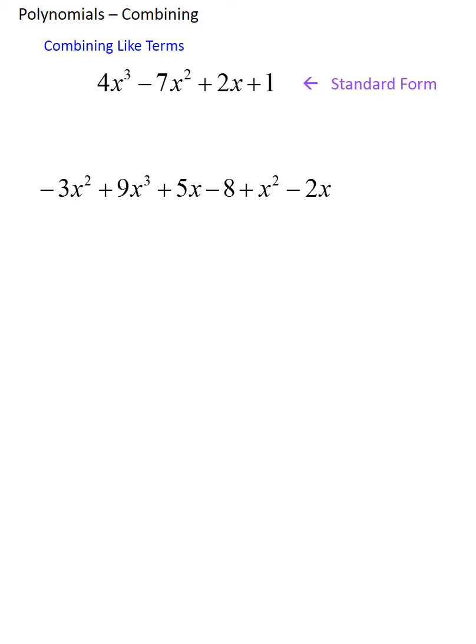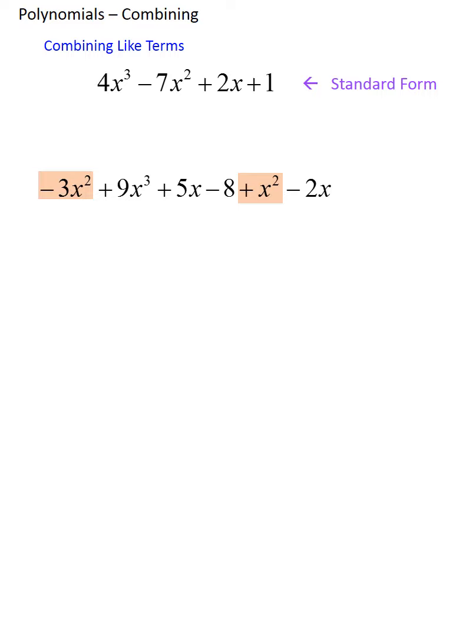But furthermore, we're going to discuss the issue here of combining like terms. These two terms in this polynomial are alike because they're both second degree terms, and therefore we can add them together by adding the coefficients. The first one has a coefficient of -3. The second one has an invisible coefficient, the coefficient of 1.